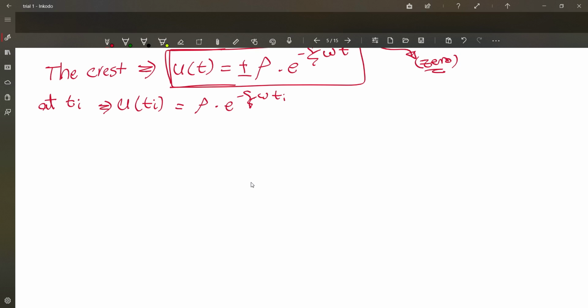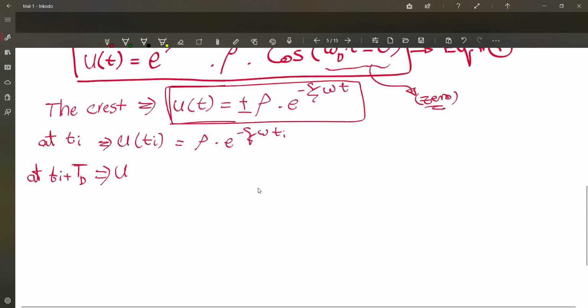Okay, and if we are going to have another time, another point that we want to get the amplitude at, or the crest at, let's assume that it is going to be at t i plus T d, which is the damped period.